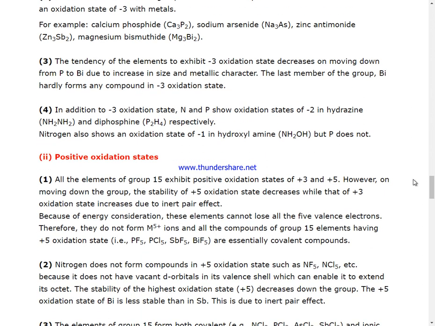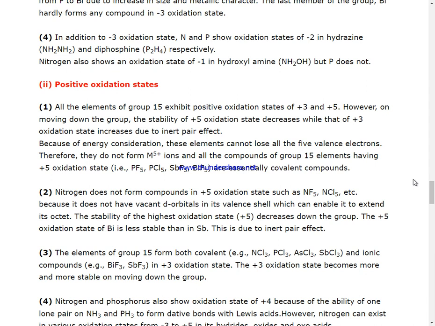In addition to -3 oxidation state, nitrogen and phosphorus show oxidation states of -2 in hydrazine and diphosphine respectively. Nitrogen also shows an oxidation state of -1 in hydroxylamine, but phosphorus does not. Positive oxidation states.